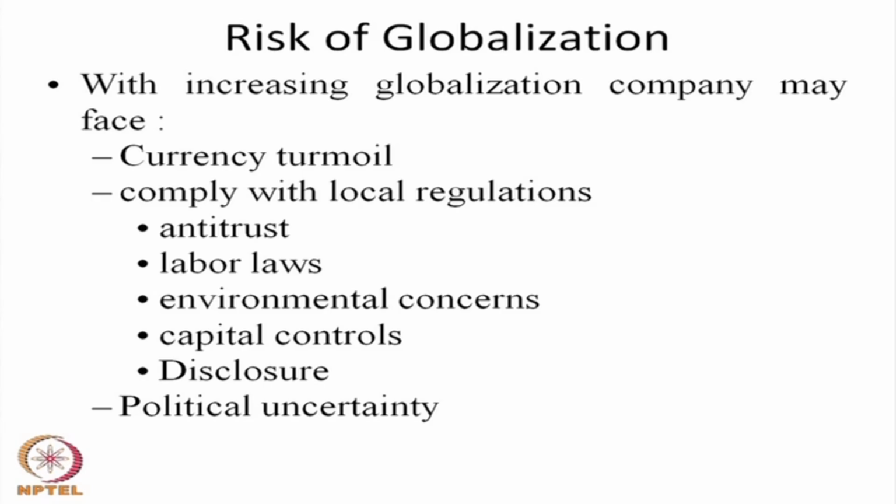When foreign direct investment goes to a country, they accept the political uncertainty of the country. They also accept the tax regulation, the other kind of disclosure norm, accounting principle. These are the regulation side, they are accepting that. They also accept the environmental concern, the labor laws of the country, and antitrust agreement. These are some kind of what is called risks of globalization or risks of foreign direct investment.